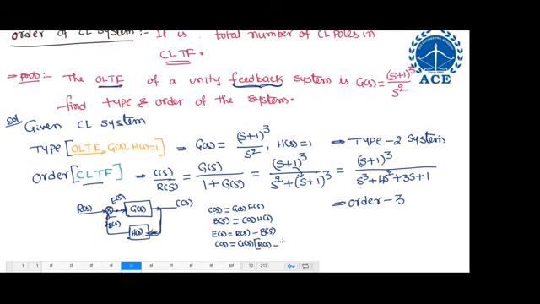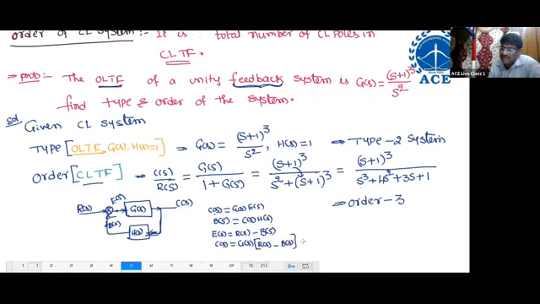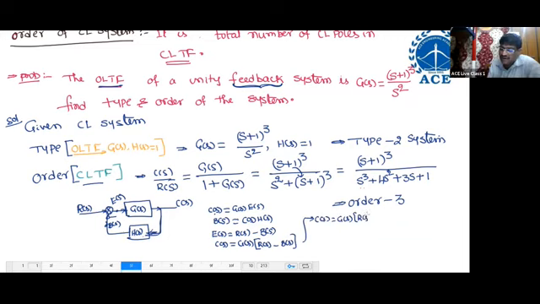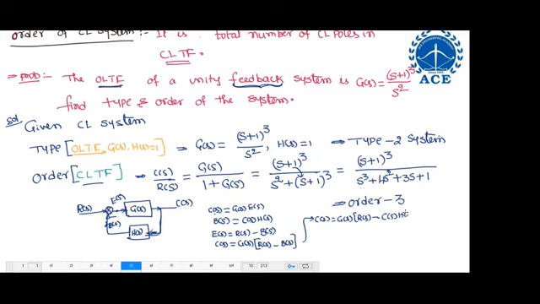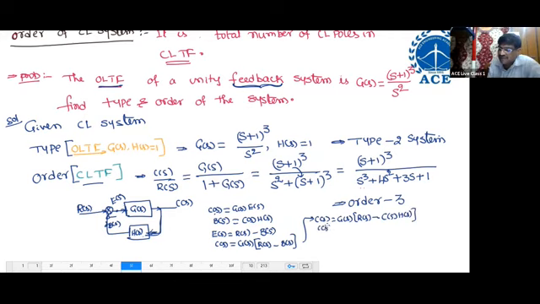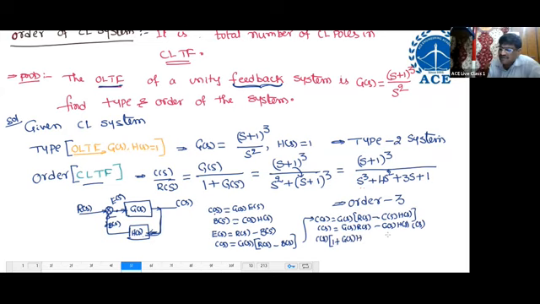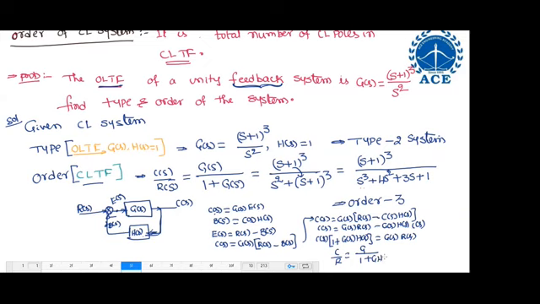R of S minus B of S. Substitute B of S again: C of S into H of S. So C of S equals G of S into R of S minus G of S H of S into C of S. Take C of S terms common. You get 1 plus G of S H of S equals G of S R of S. Find C by R. What did you get? G of S by 1 plus G of S into H of S.